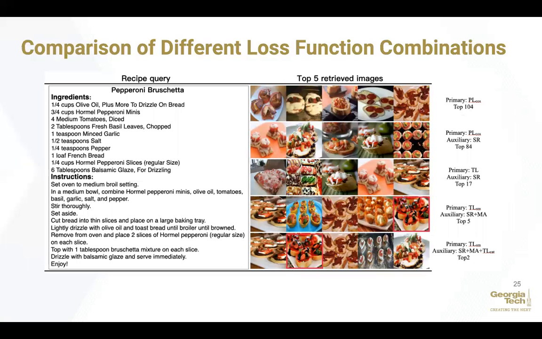This figure provides visualization results of the recipe-to-image query, showing that a careful combination of a primary loss function with the auxiliary loss function can further boost the overall performance, in addition to incorporating semantics-enhanced modality-specific embeddings.